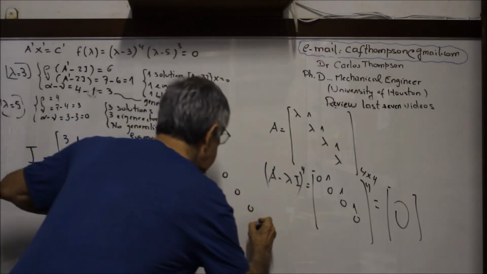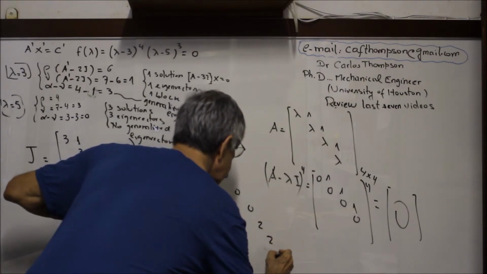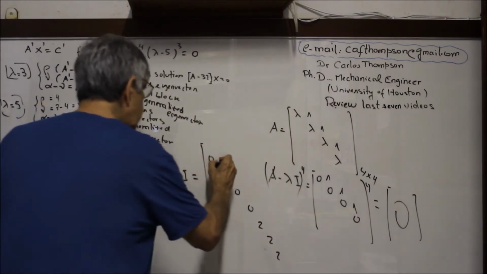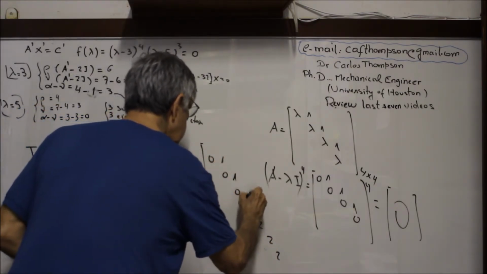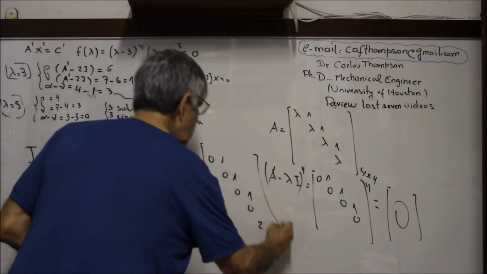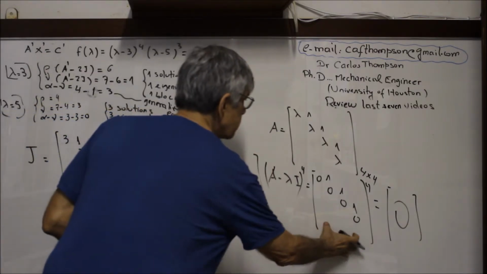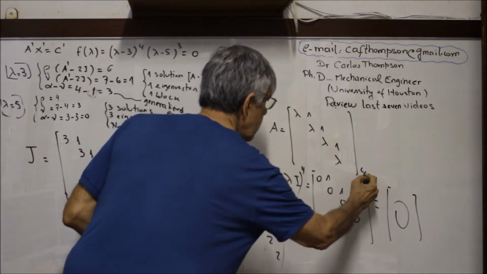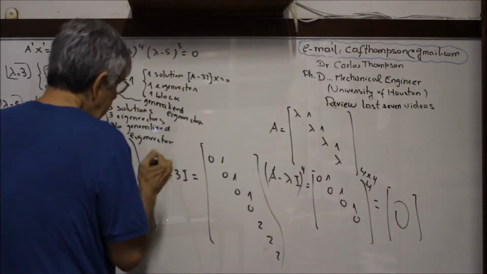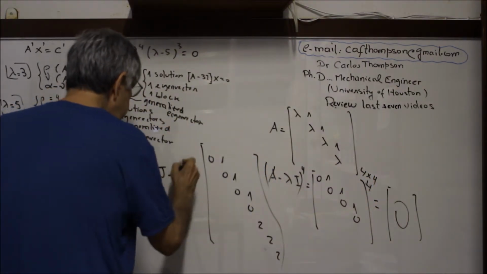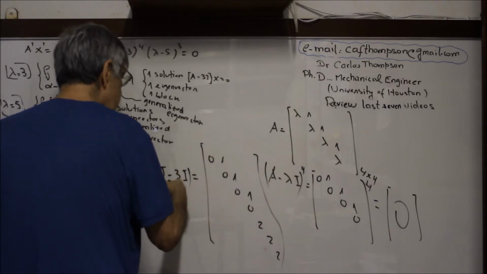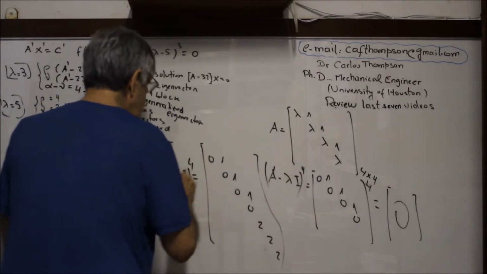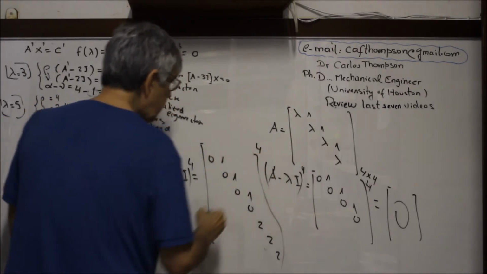The 5 minus 3 is 2, 2, and 2. Now, I have 1 here, and 1 here. Look at this block here and this block here to the power 4. Now, if I raise the exponent to the power 4.